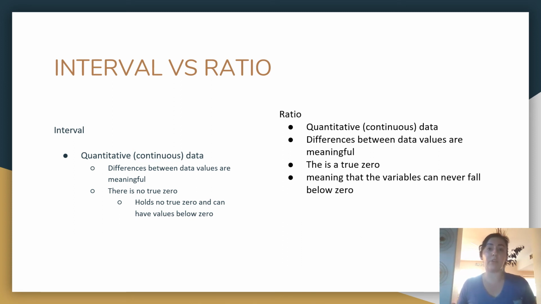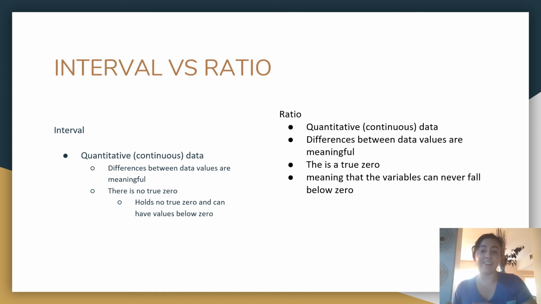For example, you could be measuring temperature, okay? There can be hot temperatures, but temperatures can also go below zero, right? So you could be measuring values below zero, and those would be meaningful here.